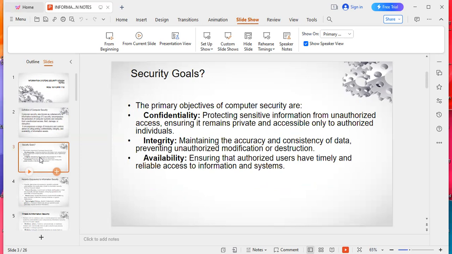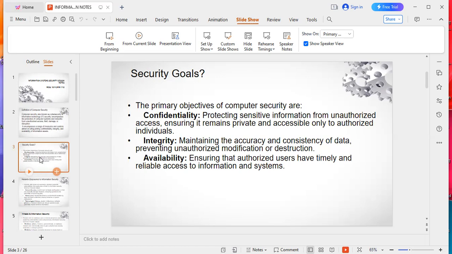Now, what are security goals? Security goals basically are three, known as the CIA triad. That is C for confidentiality, that is protecting information from unauthorized access.